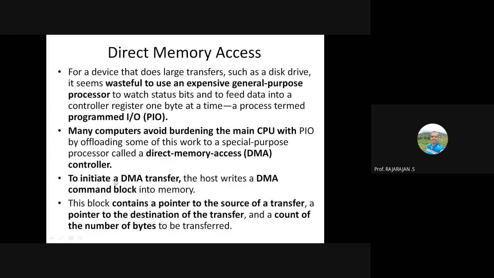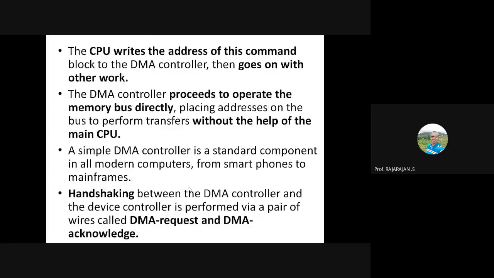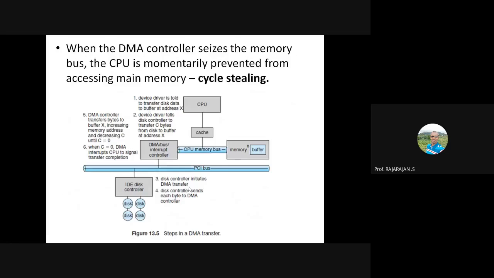So the DMA is able to do the transfer of data between I/O devices and the memory. And the advantage is that this saves CPU time. And there is also a term called cycle stealing. Cycle stealing is a term used to describe the situation where, when the DMA is making use of the memory, it's also holding the bus, because the data transfer takes place only through the bus.